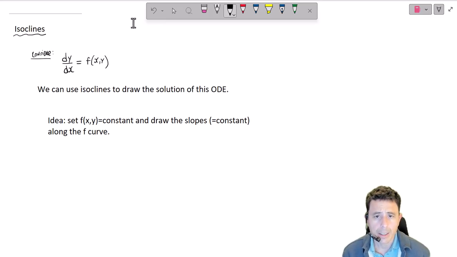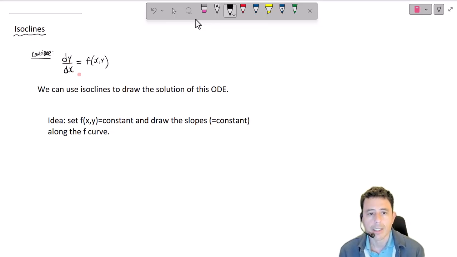If you look at an ODE like this one, which has the dy dx isolated on one side, and on the other side an expression that has x and y, then we can set the derivative equal to a constant. This way, the new equation will not have the derivative anymore.